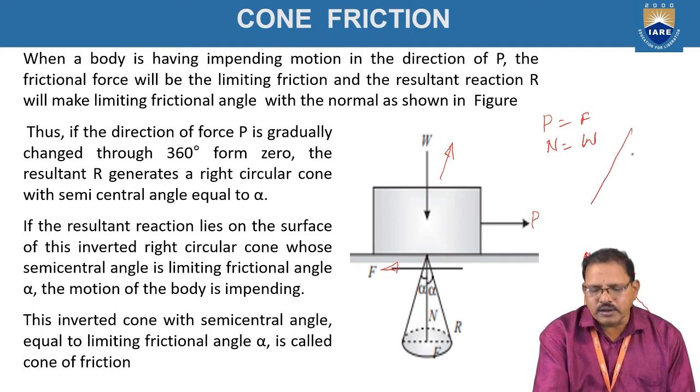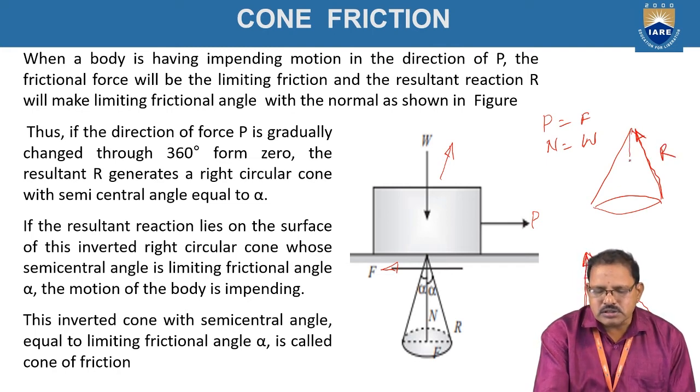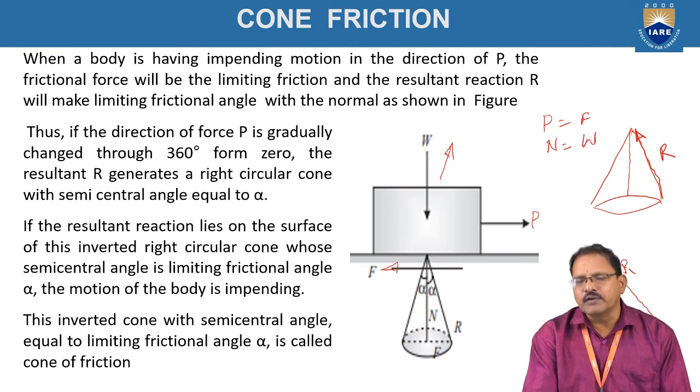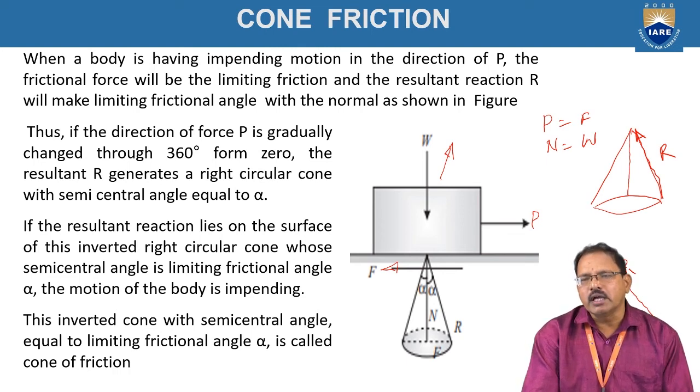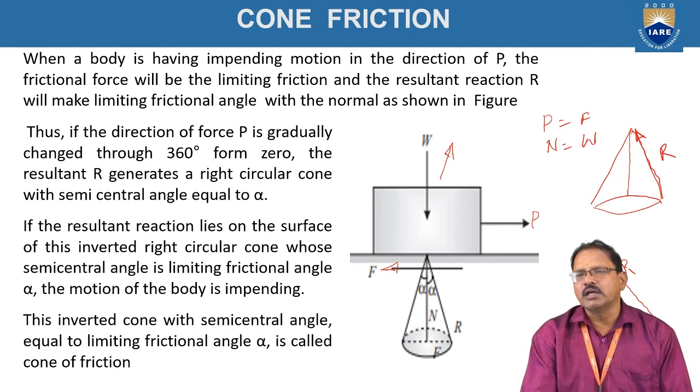If you take the cone, the first line represents the resultant of friction force and normal reaction when the body tends to move toward the right side. This line represents the resultant when the body tends to move in the direction 90 degrees to the x direction.